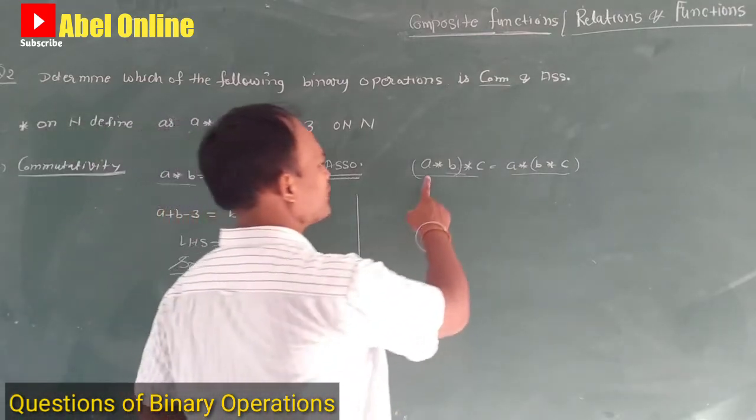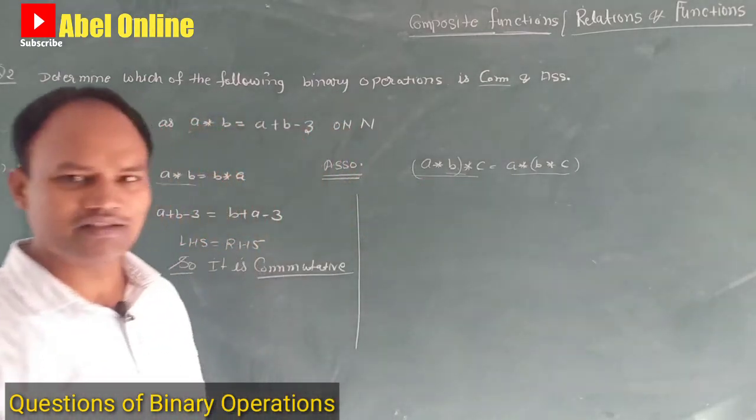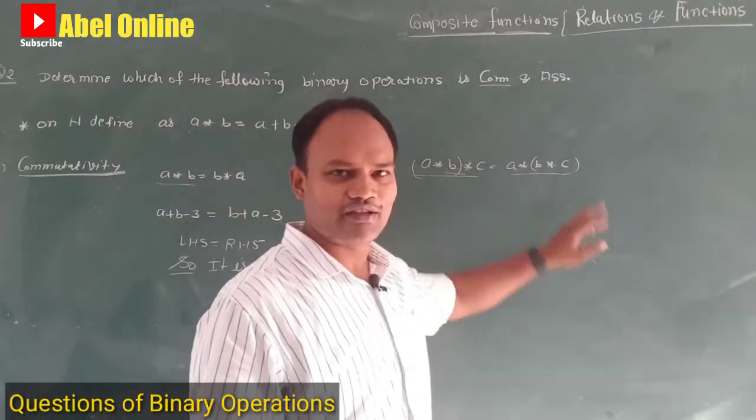When we are saying associative, we can say that (A star B) star C is equal to A star (B star C).